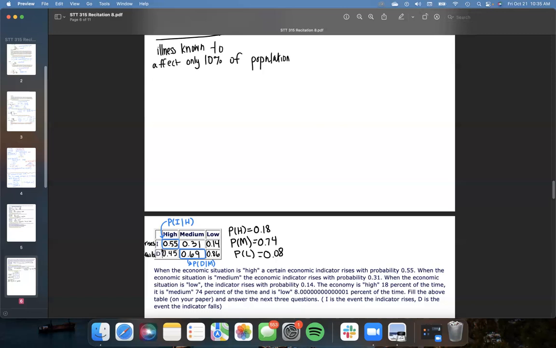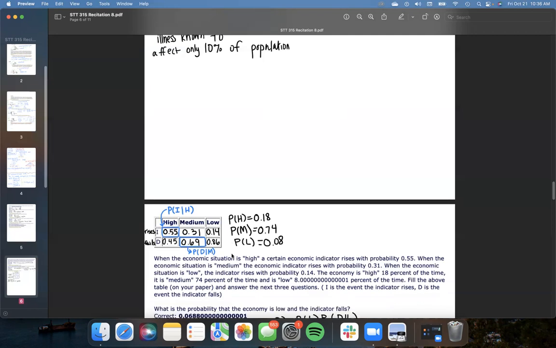So we're using the property that the probability of A complement equals 1 minus the probability of A. So 1 minus 0.55 is 0.45. 1 minus 0.31 is 0.69. 1 minus 0.14 is 0.86. And then I just wrote the other information here, where the economy is high 18% of the time, medium 74% of the time, and low 0.08% of the time. So here's our information.